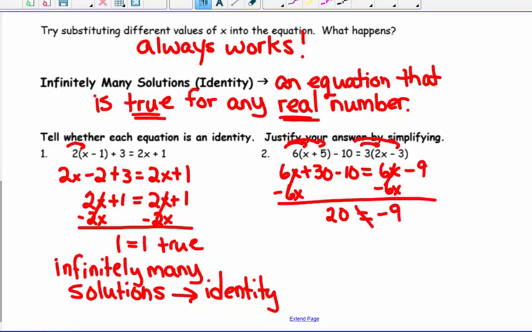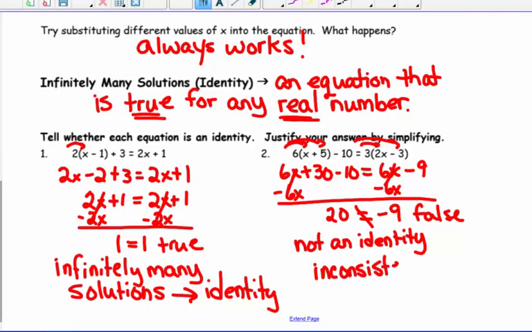No, it does not. This is false. So this is not an identity. There are not infinitely many solutions. This is what's called an inconsistent equation. And that's it for today.